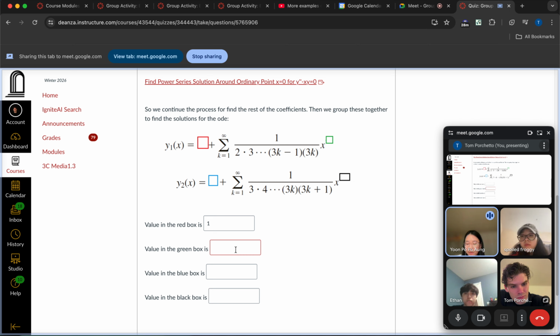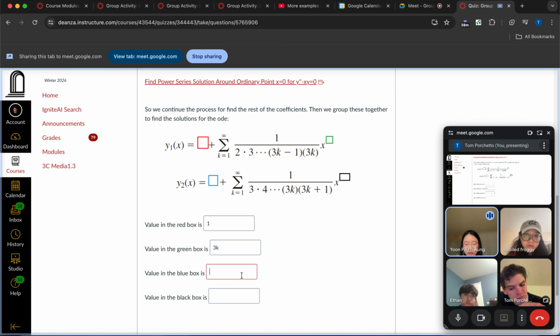When we write that in the format we're being asked, the red box will be 1, and the other one will be the summation of k equal to 1 going to infinity of 1 divided by 2 times 3 times (3k minus 1) times 3k, and the numerator will be x to the power 3k, so the green box will be 3k.